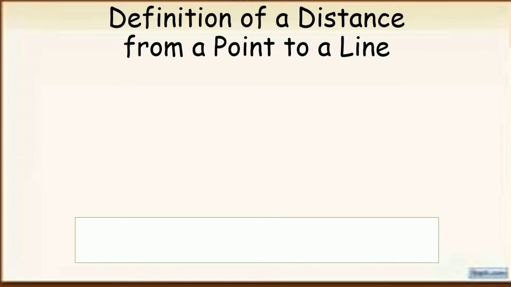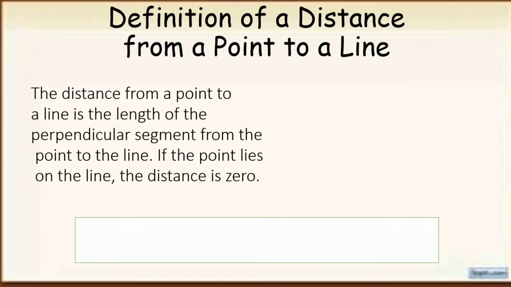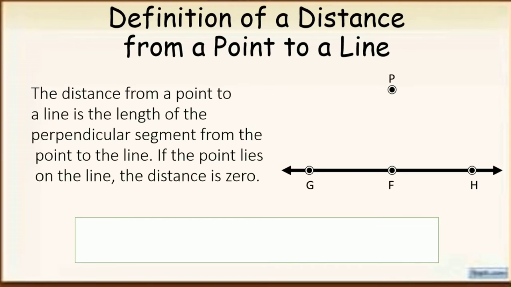Definition of the distance from a point to a line. The distance from a point to a line is the length of the perpendicular segment from the point to the line. If the point lies on the line, then the distance is 0. So, yung distance po nitong point P from line GH is the length of the segment PF.